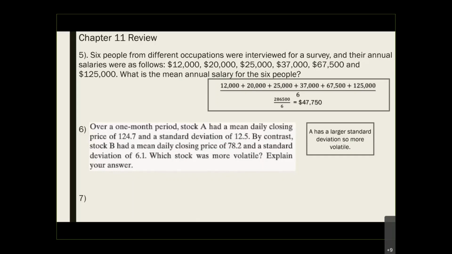Meaning, because the average is 124, it might go down to 60 and go up to 170. It goes up and down a lot, and that's why the standard deviation is big. The bigger the standard deviation, the further away. Remember your range, right? The bigger the range, the bigger the standard deviation.